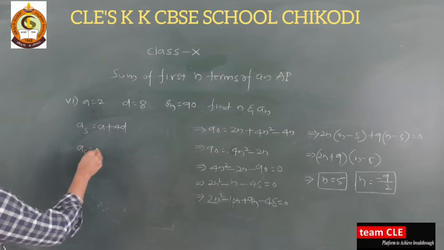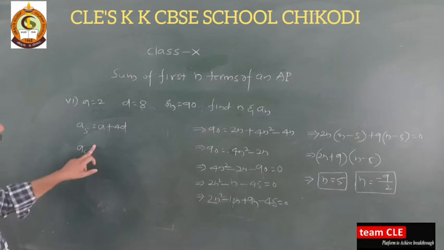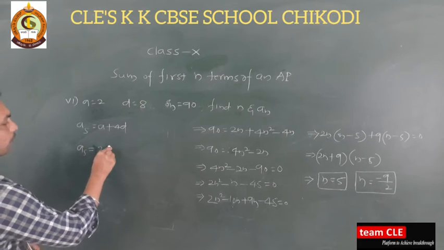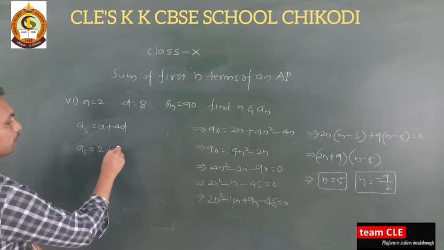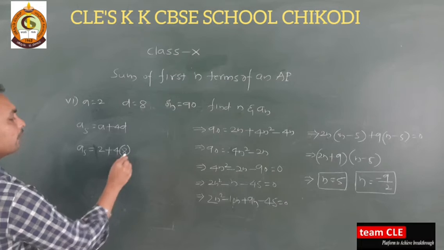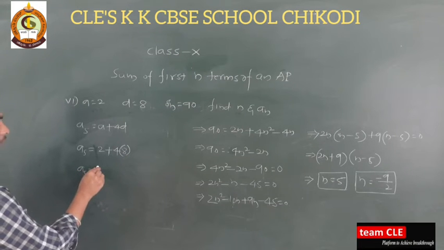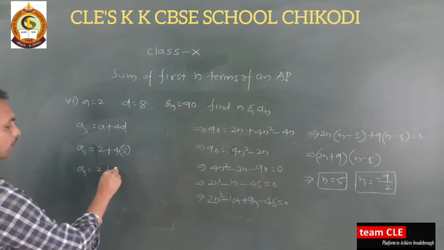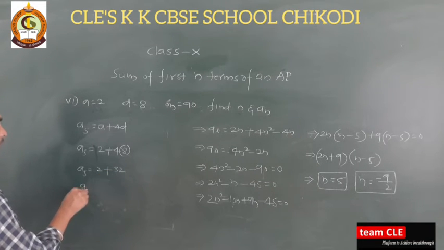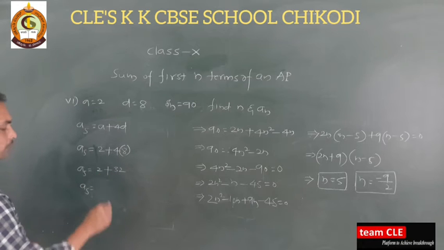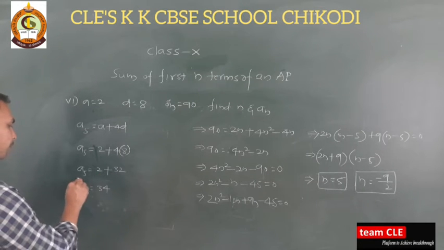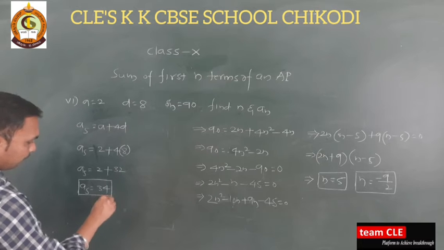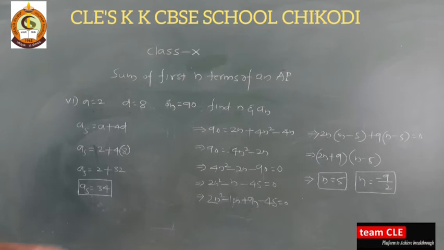Now a 5 is equal to a, we have 2, plus 4 into d, we have 8. Now a 5 is equal to 2 plus 4 into 8, 8 into 4 is 32. Now a 5 is equal to 2 plus 32 will get 34. a5 is equal to 34, 32 plus 2 is 34. We have n is equal to 5, a5 is equal to 34.